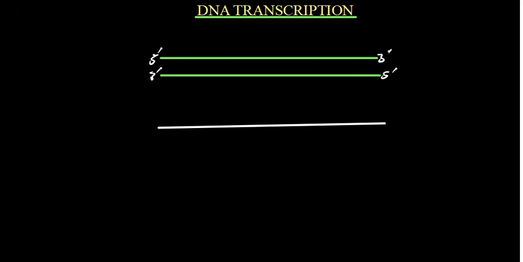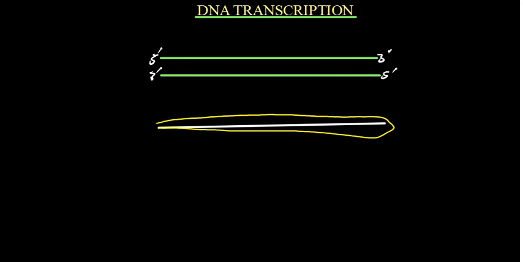Why I'm giving directions here is because direction matters, just as we saw in DNA transcription or replication. So we have to produce a single strand of RNA from these two strands of DNA. Between these two strands of DNA, one of them has to act as a template. A template is going to be a strand that has complementary bases to this RNA.